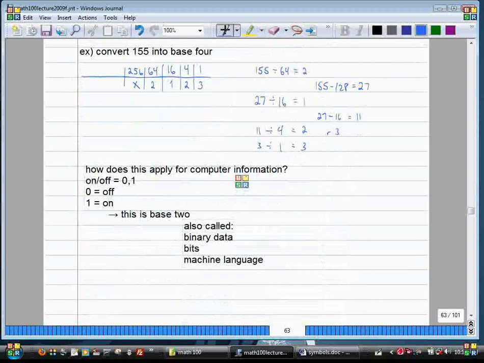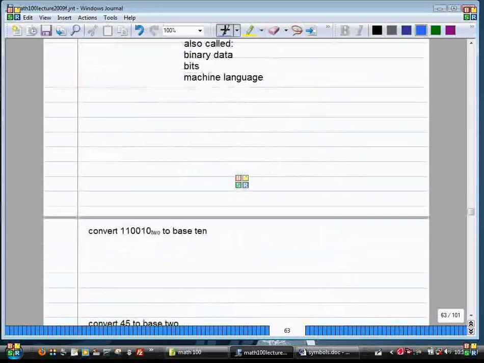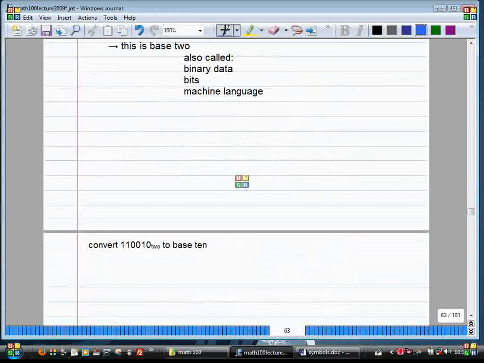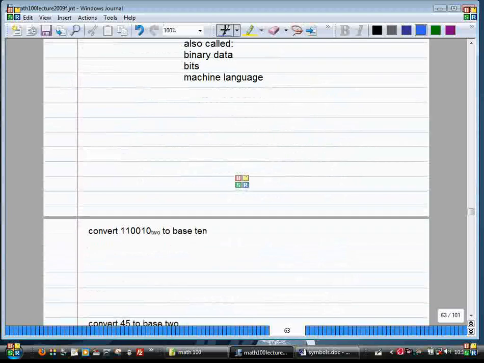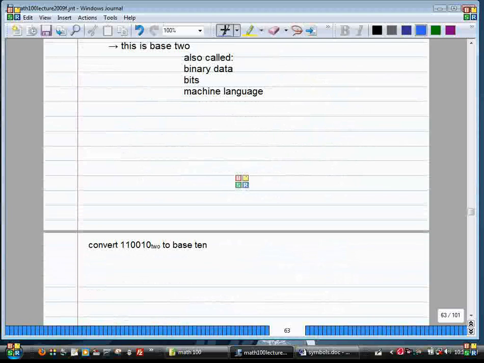So how do computers use base 2? And how do they use these zeros and ones? Let's check it out. Okay. Well, first of all, let's go the easy way. Here is a number written in base 2, which is like machine language.